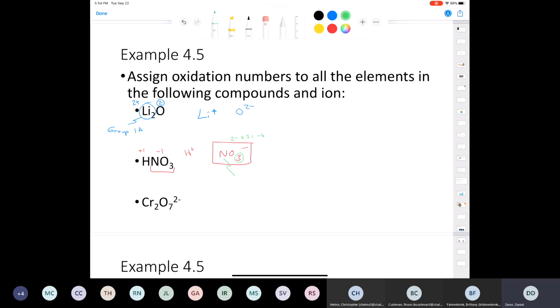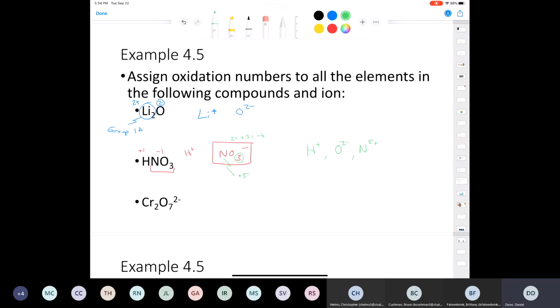Does anybody have an idea about this one? Yeah, it's +5, exactly. So that means your hydrogen is +1, your oxygen is 2-, and your nitrogen is 5+.